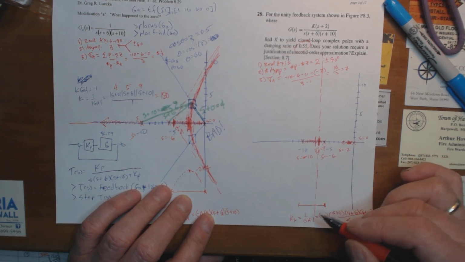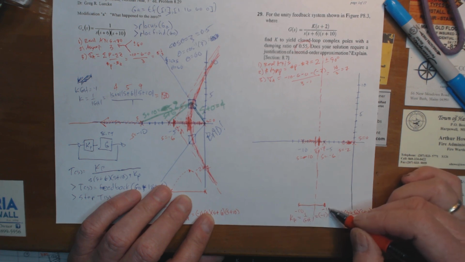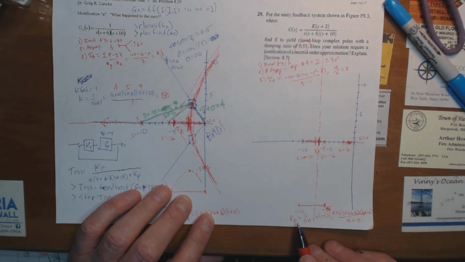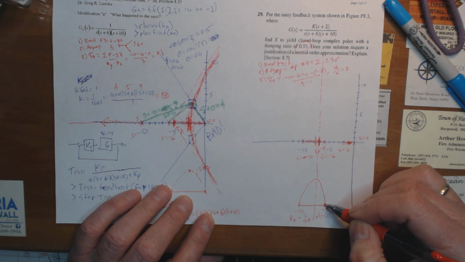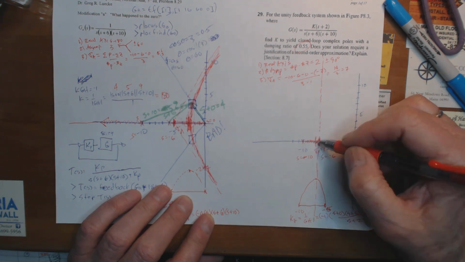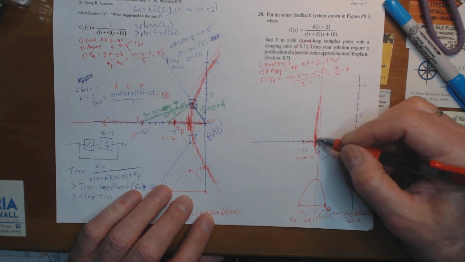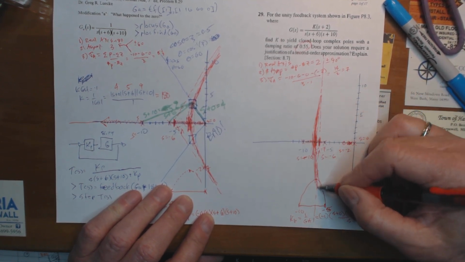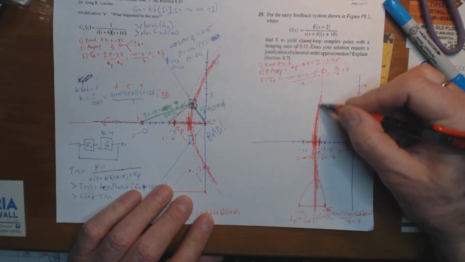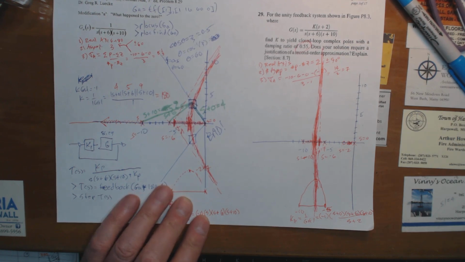And it's got to be somewhere from S equals minus 10 to S equals minus 5. All I do is plug in S. I can do this on the computer, and it turns out it's real close to minus 8. Then the root locus goes up and meets up with the asymptotes. So there's your root locus.